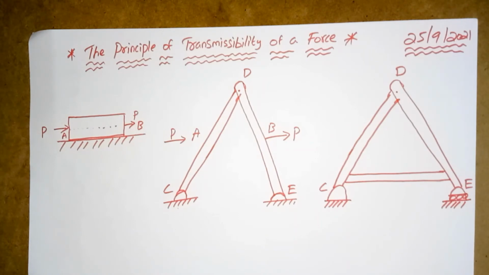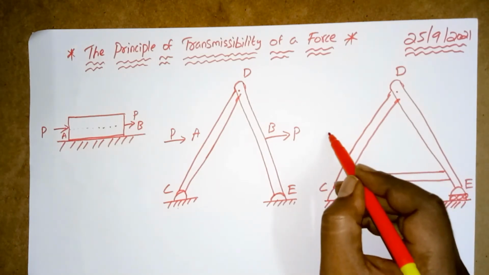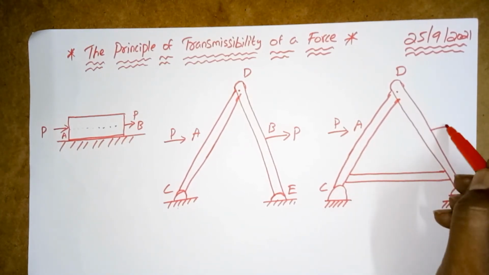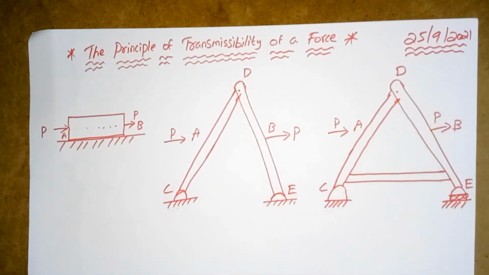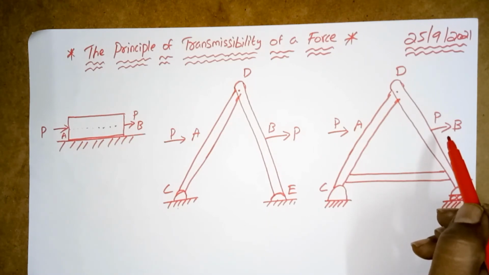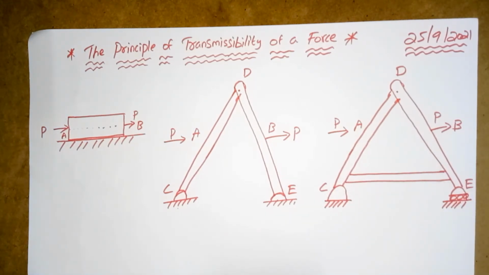Here the external reactions will be the same whether P is applied at A or at B, although the internal effects will differ, since P applied at A tends to bend bar CD, and P applied at B tends to bend bar DE.